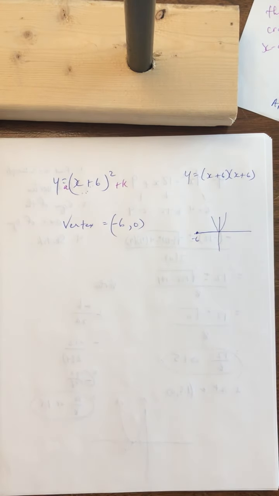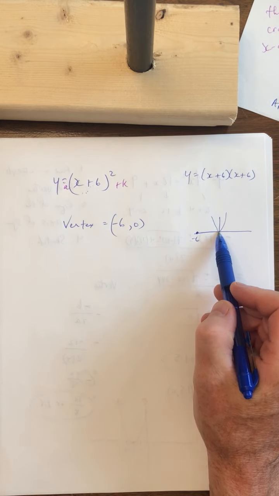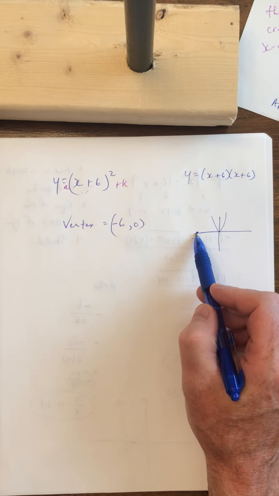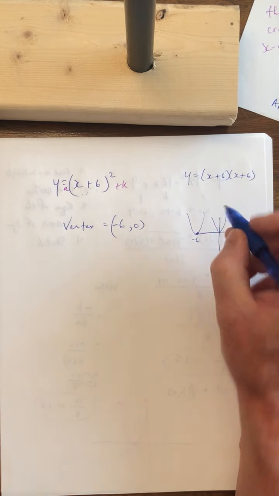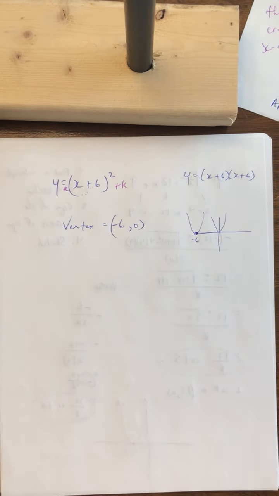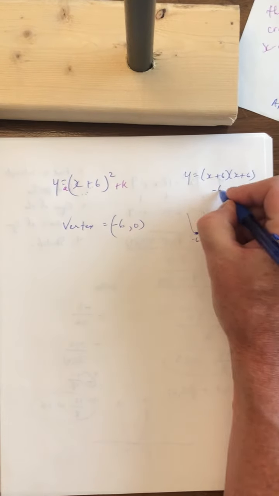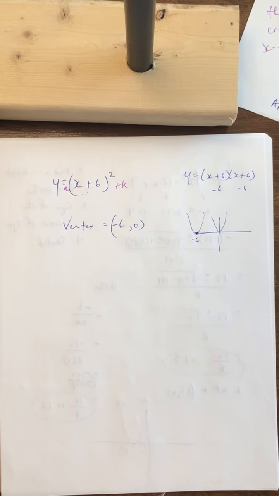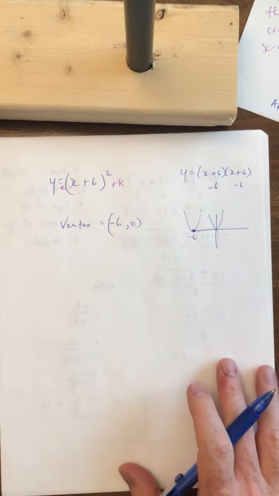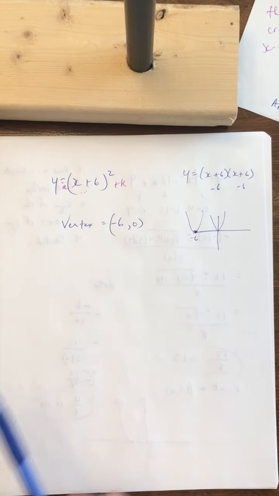So here's our original parabola. It doesn't stretch or compress. It moves 6 spots to the left, and we don't have a k value. So it's just sitting out over here with one vertex. Likewise here, if this was in standard form, we know our vertex would be -6. They're both the same, so that tells us that we only have one of them. So we know that we are opening up, and we only have one vertex.